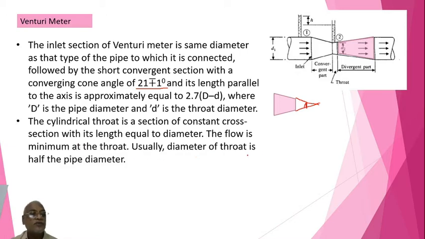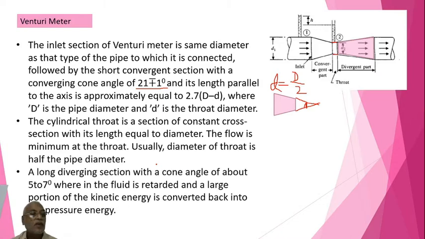Usually the diameter of the throat is half the diameter of the pipe. Means here what they are trying to tell is this lowercase letter d, which is the diameter of the throat, is equal to the capital D, the diameter of the pipe, divided by 2. And moreover, this is a constant diameter section, which is a throat, where there will be a pressure tapping. Here also there is a pressure tapping.